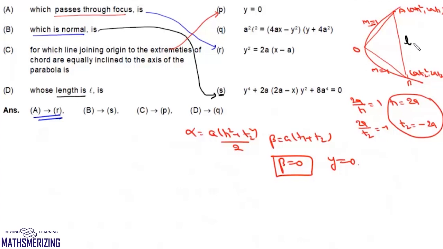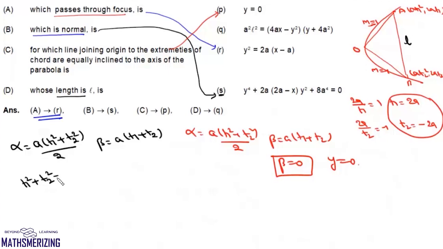So again, we'll get alpha as a times (t1 square plus t2 square) upon 2, and beta as a times (t1 plus t2). Now from here we can write t1 square plus t2 square as 2 alpha upon a, and t1 plus t2 as beta upon a.